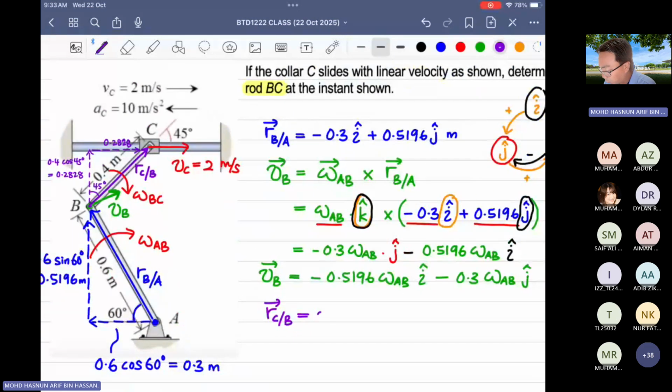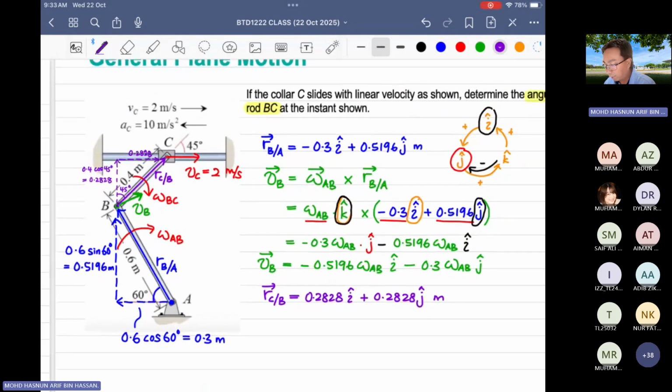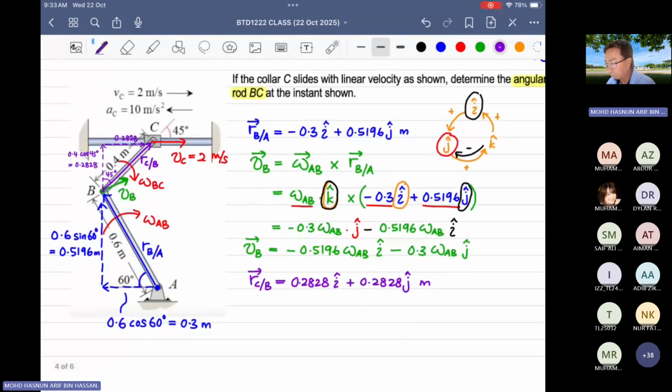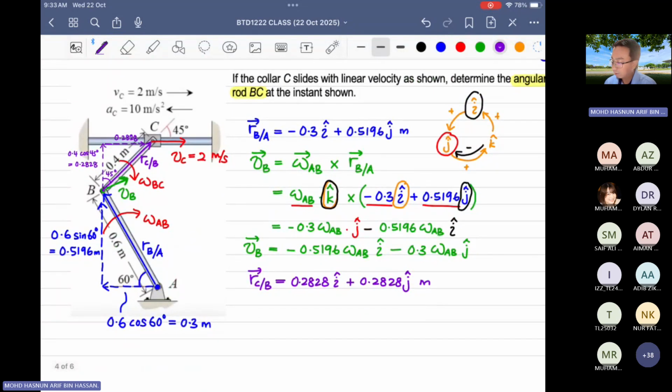So we have 0.2828i plus 0.2828j. Unit is in meters. That is R C/B.